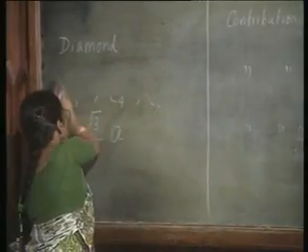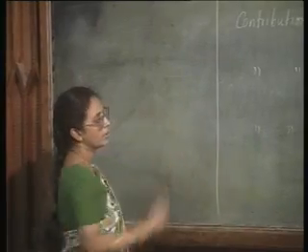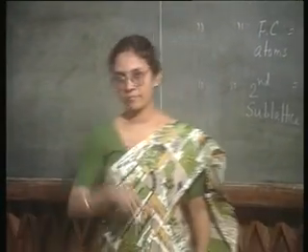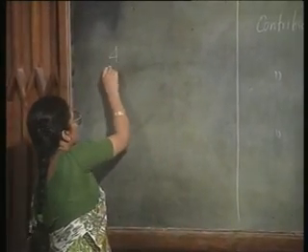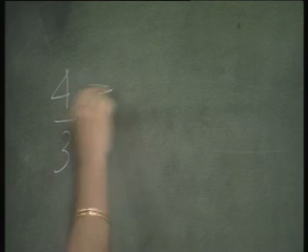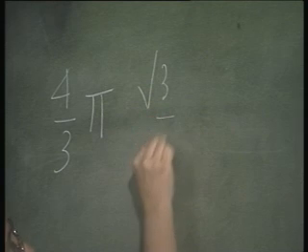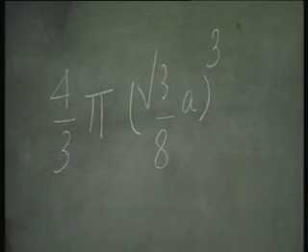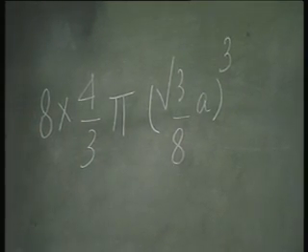So, what is the total volume occupied by these atoms inside the unit cell? What is the volume of a sphere? You know, it is 4/3 pi r cube. Here r is root 3 by 8 a, and there are 8 such spheres.